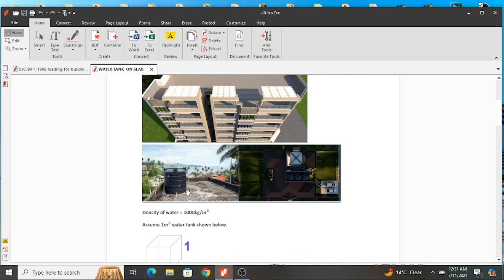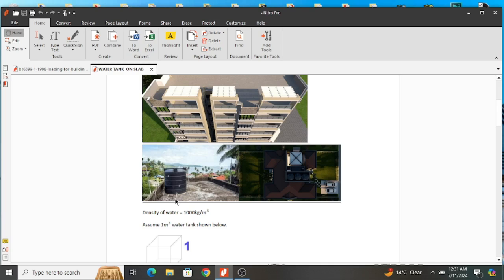Next, you can also see this structure. You can see this is a flat roof, just like this one up there. And within this, the water tank has been placed at some section here. It could be that the designer designed for the water tanks to be placed anywhere on this slab, so the developer can place the water tank anywhere.